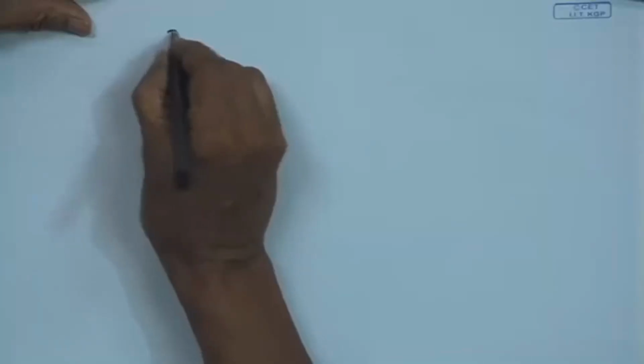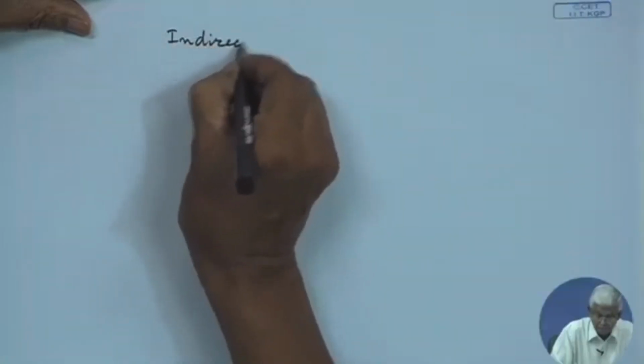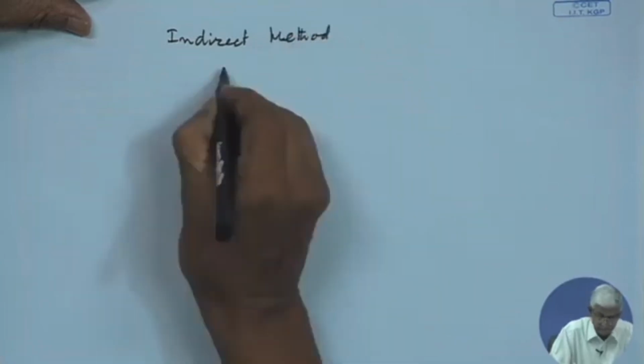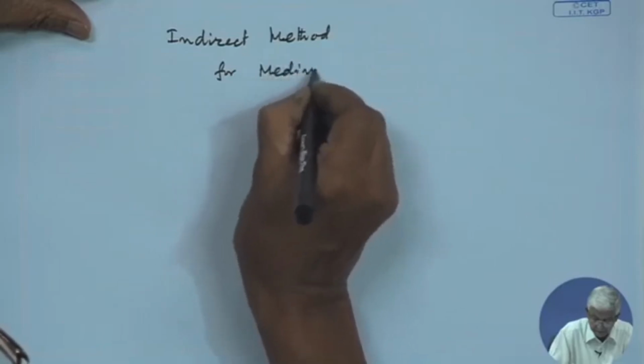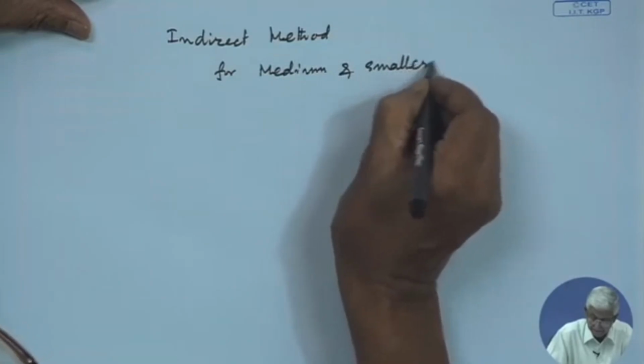So, for a medium and smaller antenna, we use the indirect method of calculation.